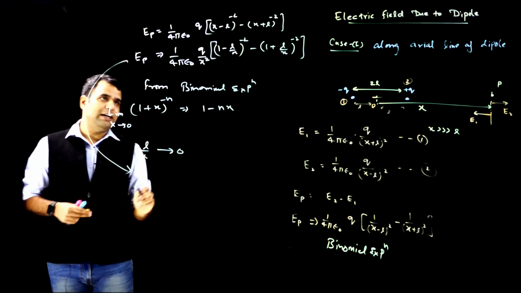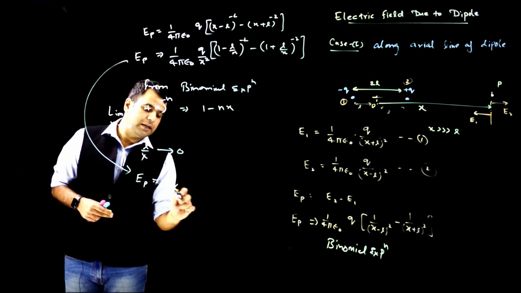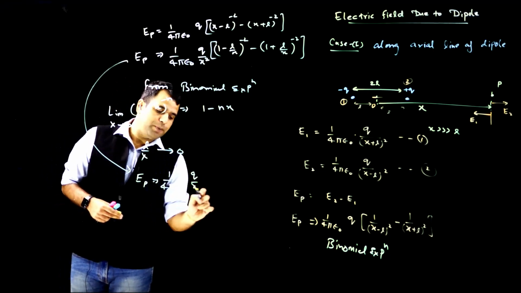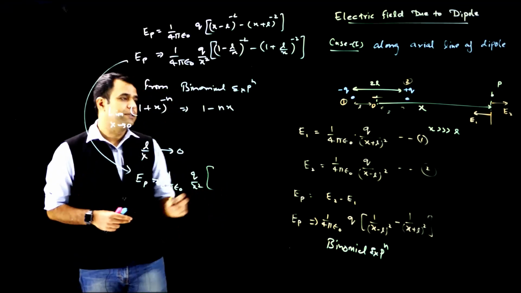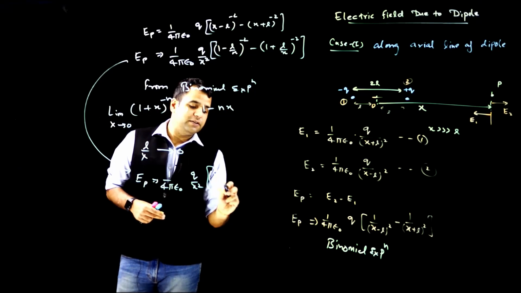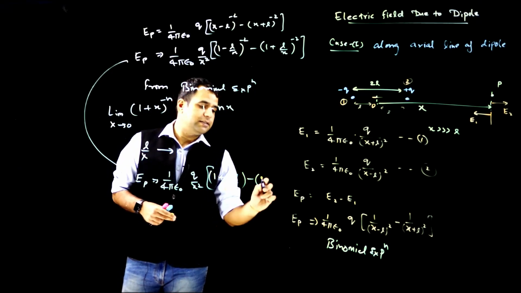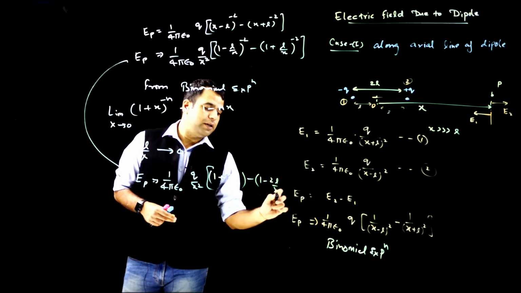If I use the binomial expansion, EP is equal to 1 upon 4 pi epsilon naught q upon x square. This will be 1, minus minus positive, so 1 plus 2L upon x, minus 1 minus 2L upon x.